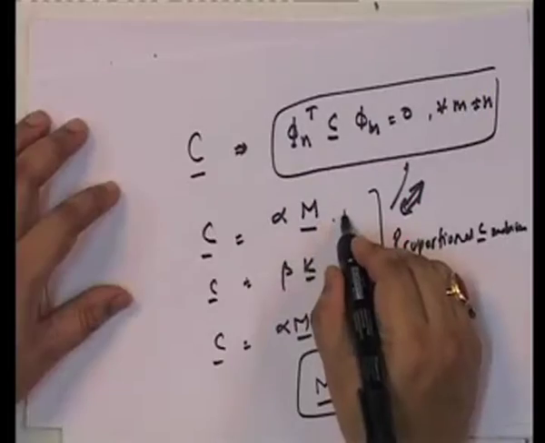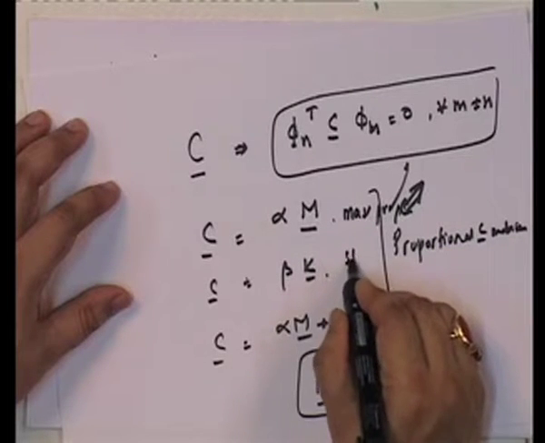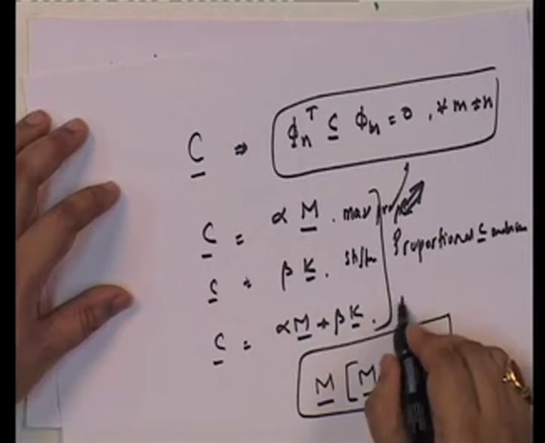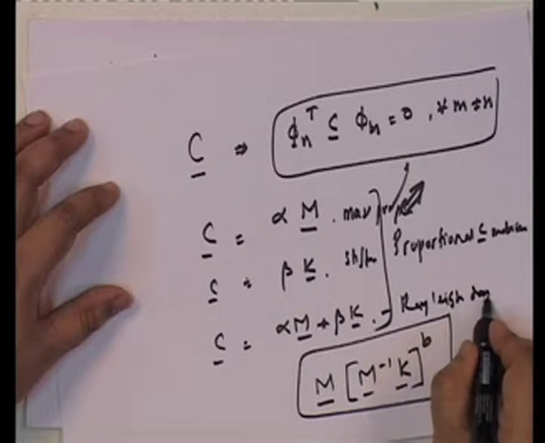So, I can actually write down another; this is known as mass proportional, stiffness proportional, this is known as Rayleigh damping, okay. And we have another C matrix which would ensure this, and that C matrix is of this form.